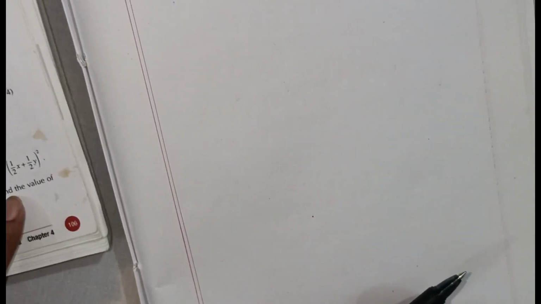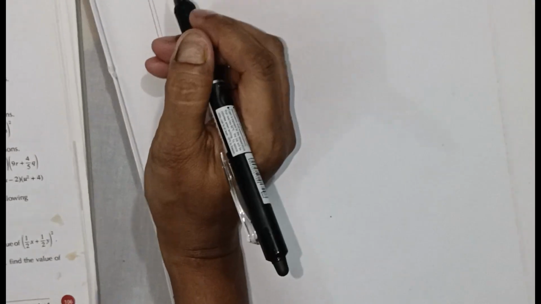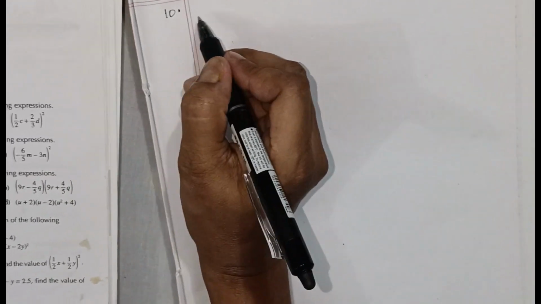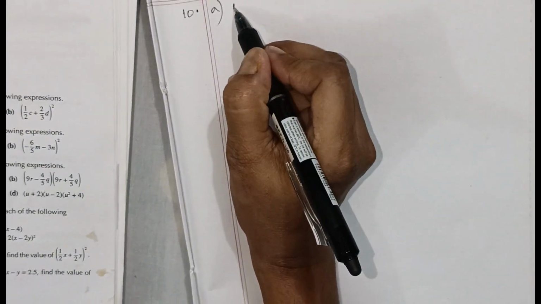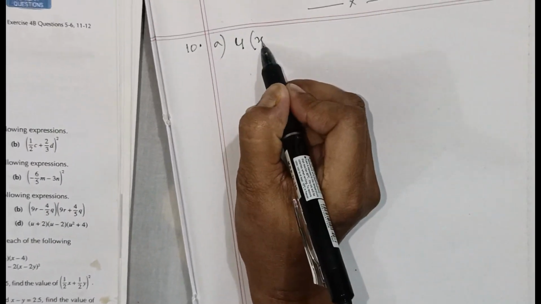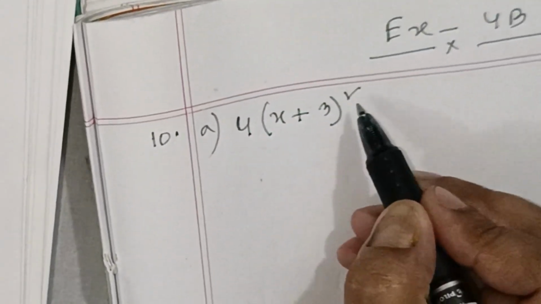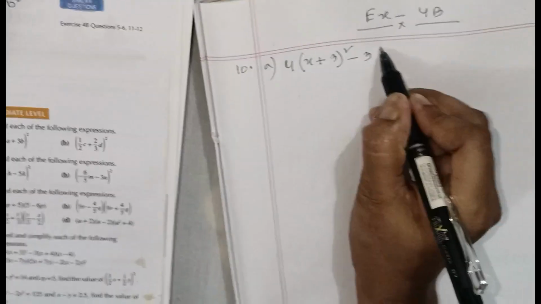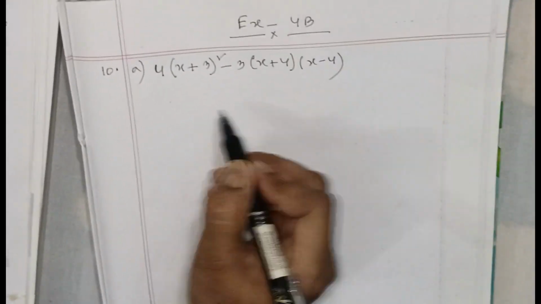Exercise 4B10: expand and simplify each of the following expressions. Exercise 4B number 10, part A. At first copy the question: 4 multiply (x plus 3) whole square minus 3 multiply (x plus 4) into (x minus 4).